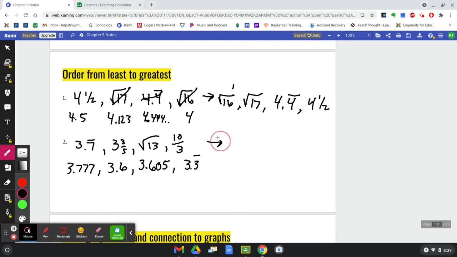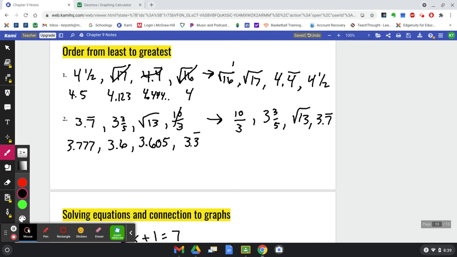So if we order those from the smallest, 3.3, so that's 10 over 3. Next is going to be 3.6, which is 3 3/5. Next is 3.605, which was the square root of 13. And then last is 3.7 repeating. So we can just order them from least to greatest by comparing their decimal values.